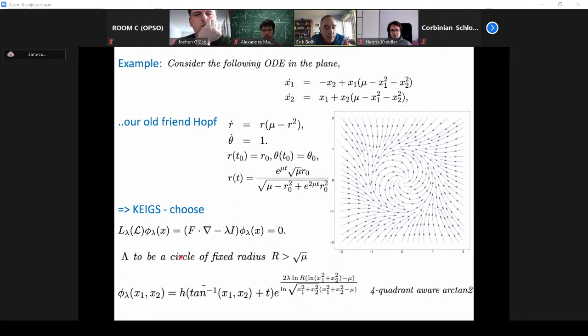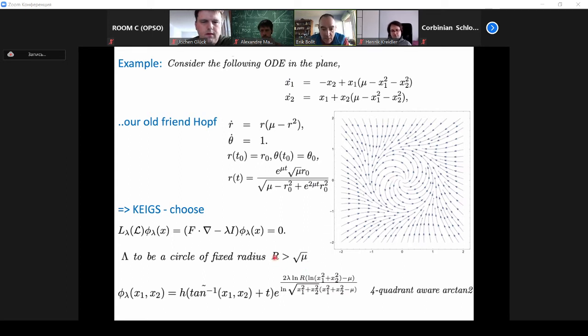So working the problem, the Koopman PDE, f dot grad minus lambda I phi, looking for phi, and then working that theorem I showed you, which says pull back to the data surface, measure the h on the data surface, and then push it forward and scale it. I'm going to state a data surface for h at a fixed radius that'll be bigger than the limit cycle.